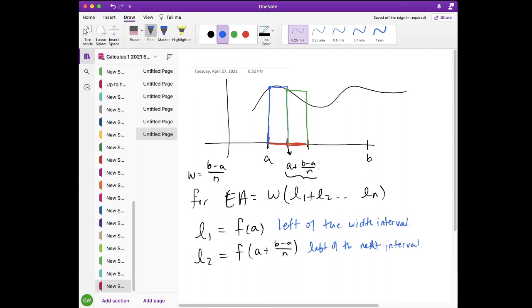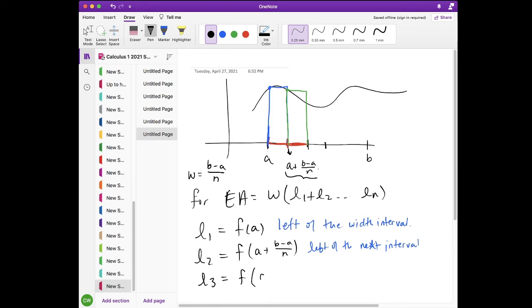Okay, so someone tell me L3. What is the height of the third rectangle? Yeah, I add another width.